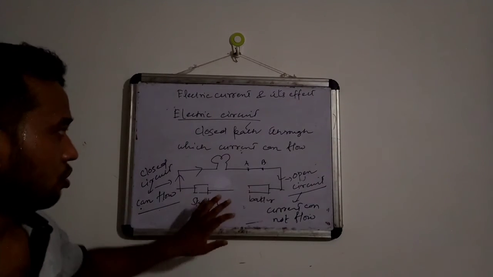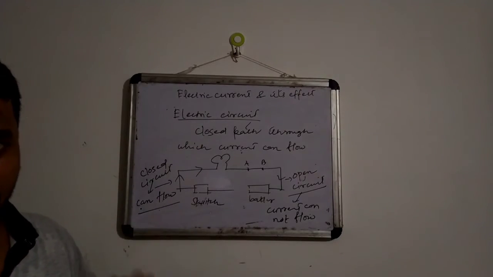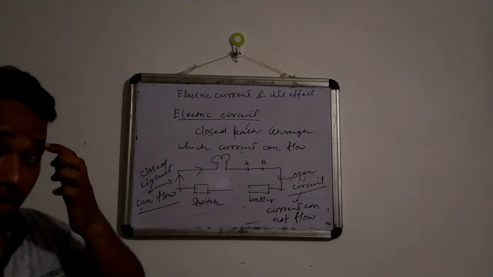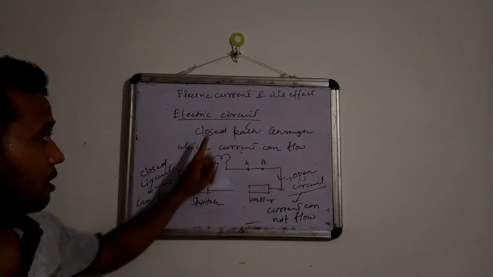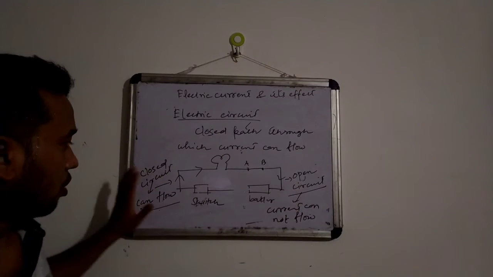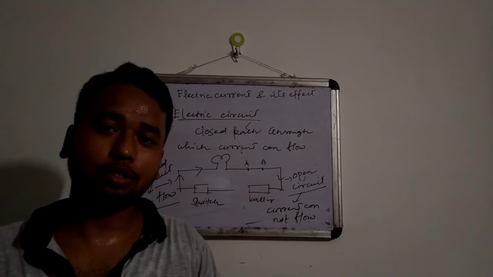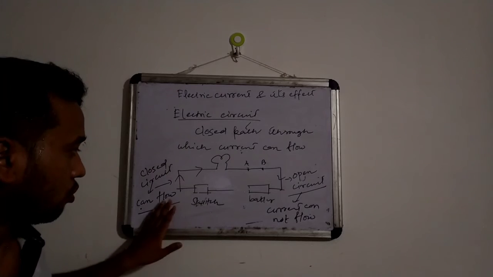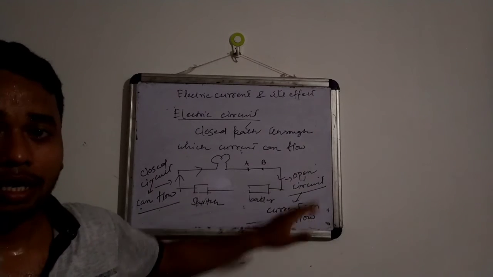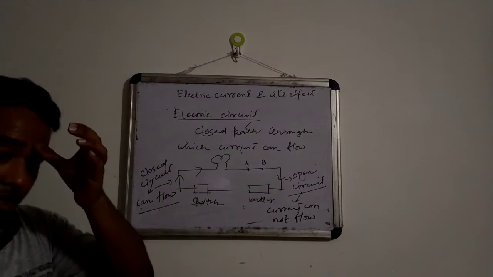Okay, so electric circuit is a closed path through which current can flow. So there are two types of electric circuit: one is closed circuit, one is open circuit. In a closed circuit, all the components are connected properly. There is no breakdown and current can flow through it. In an open circuit, there is a breakdown, and current cannot flow through it.